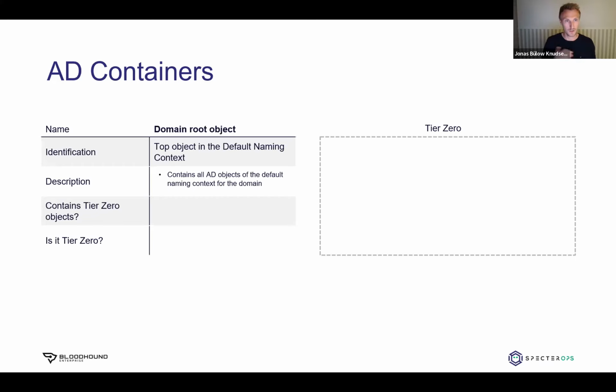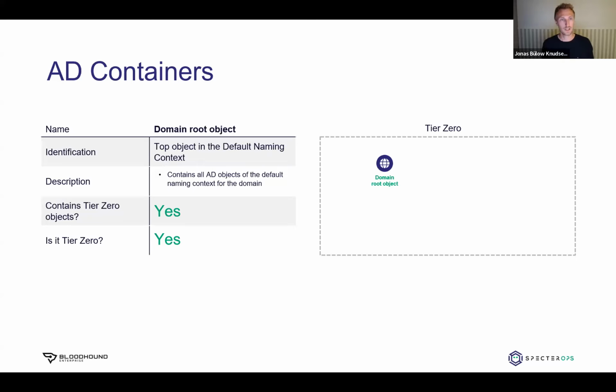Because it contains basically everything, it of course also contains tier 0 objects, and therefore it's also tier 0 by our definition.